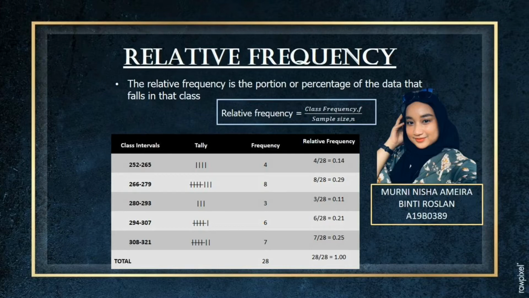For example, for class interval 252 until 265, the frequency is 4, and we must divide it by 28, because 28 is the sample size. So 4 divided by 28 gives 0.14. And if we total the relative frequency, 28 divided by 28 must get 1.00.